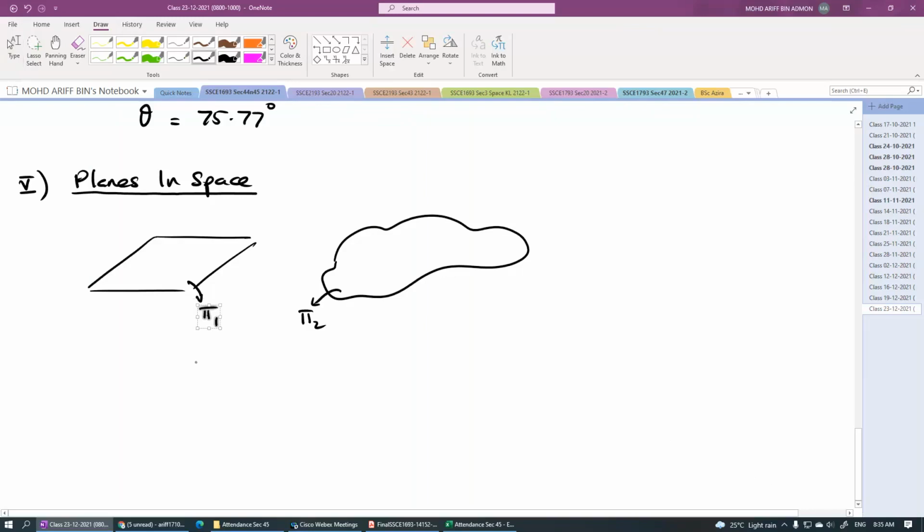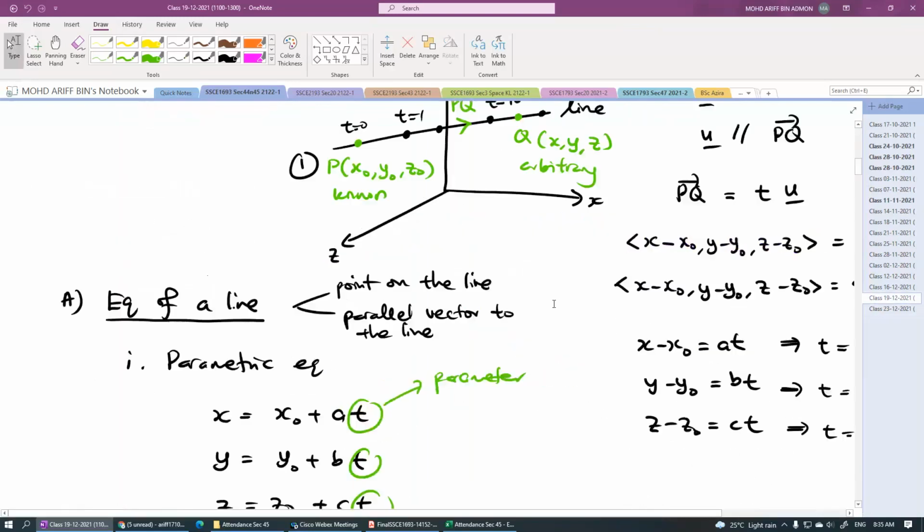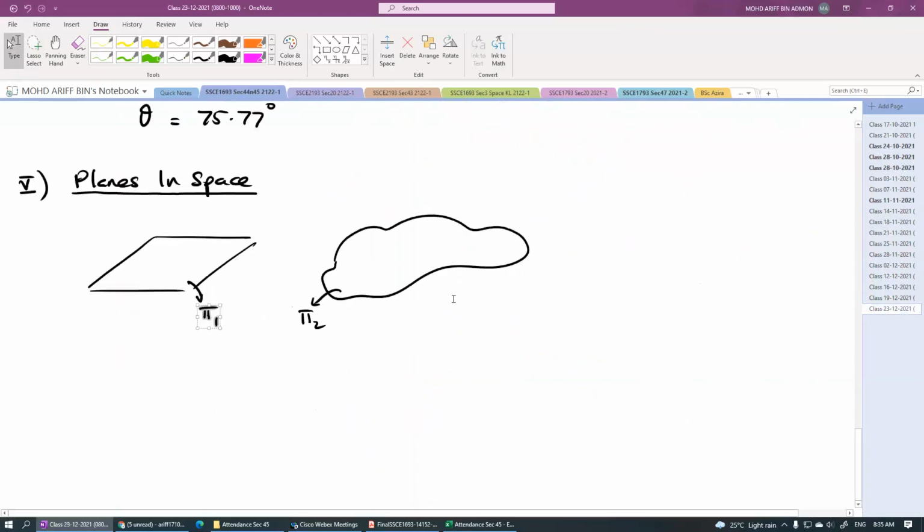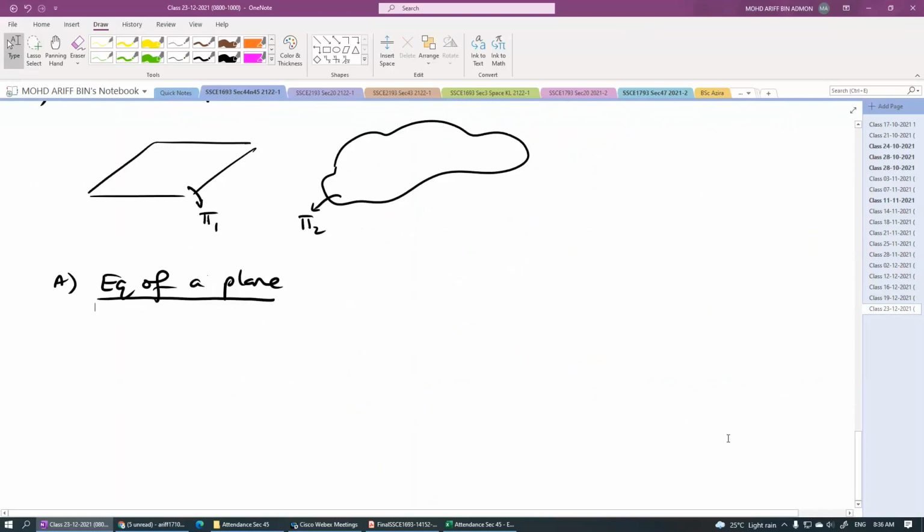So I proceed to the first topic here: the equation of a plane. How do we get the equation of our plane? Basically, the equation for the plane comes from the dot product.